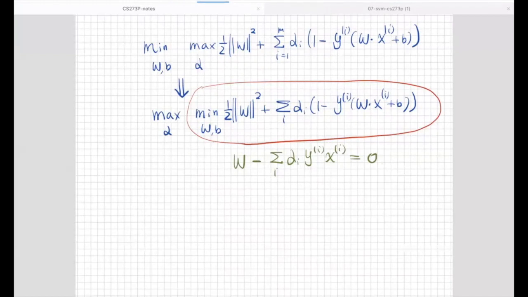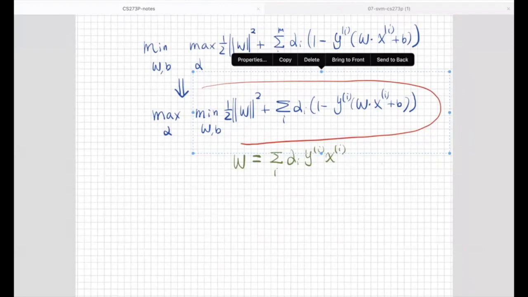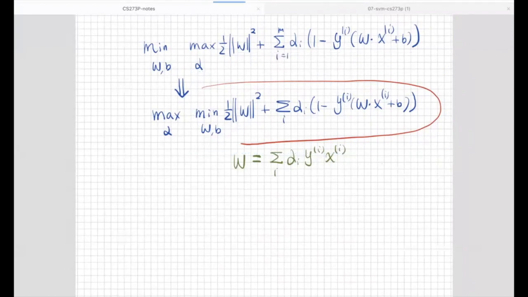So that's interesting. This is saying that the solution for w is simply equal to this. The optimal solution for w is simply equal to the summation from i equals 1 to m of alpha_i y_i x_i.